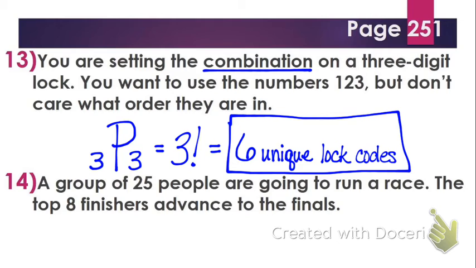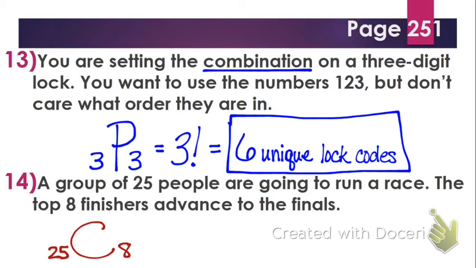So really what they're doing here is they're not handing out places necessarily. They're putting you into 2 groups. This group is going to move forward. This group is not going to move forward. Does that make more sense? Yeah. So yes, there is a difference between finishing 8th and finishing 9th, but it just determines which group you're going to belong to. So we have a combination here.